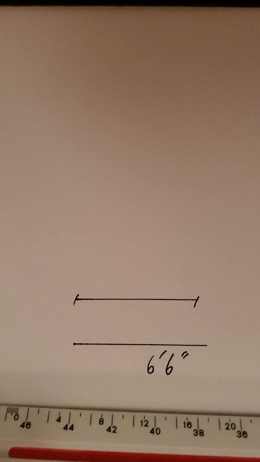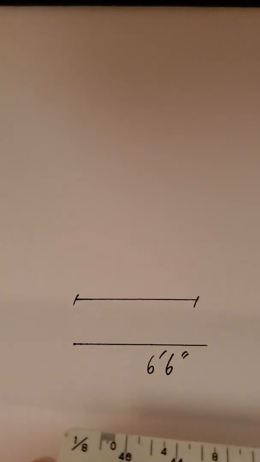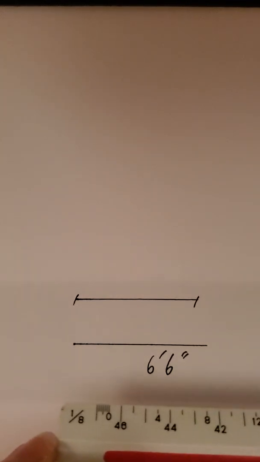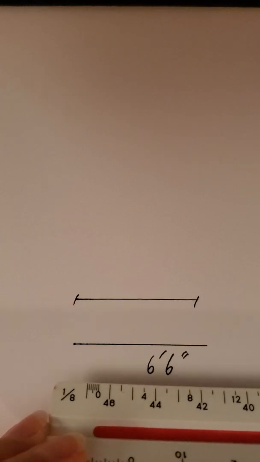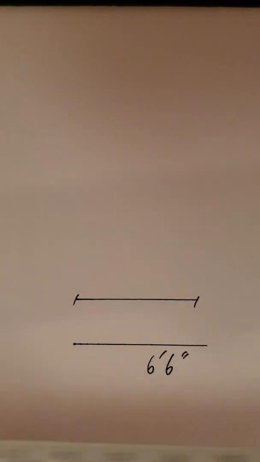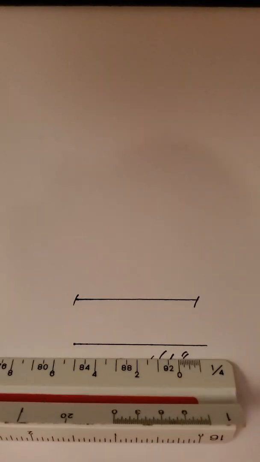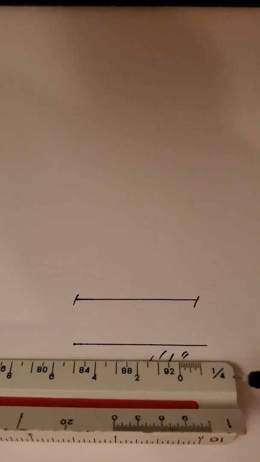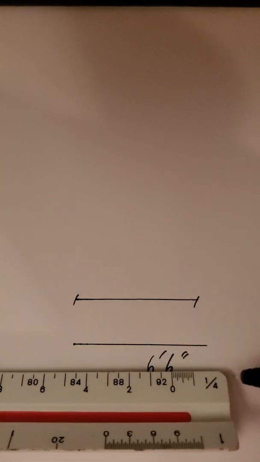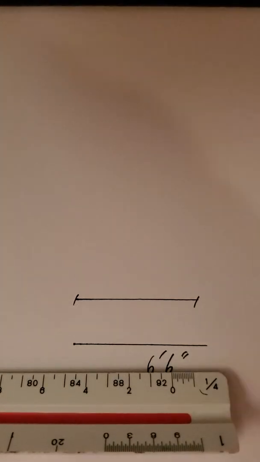One important thing is, when you're reading the length of a line in a different scale, or drawing a line in a particular scale, you've got to make sure that you don't mix them up. For example, on this side of the architectural scale, you have quarter inch scale, and it goes from right to left.